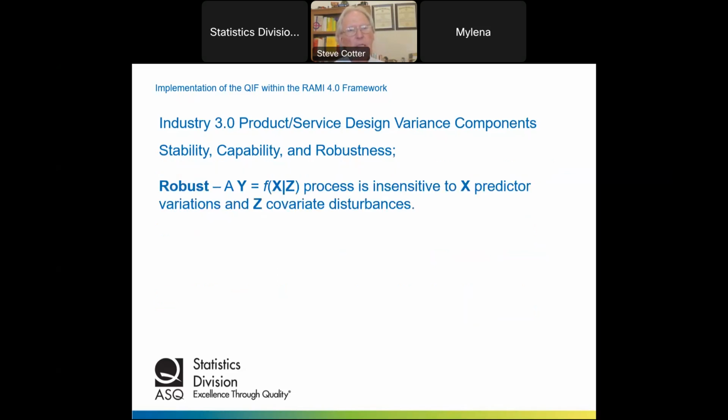Robustness: a y equals f of x, now I'm including the given Z parents, unmapped or uncontrolled parents, and covariates. The process is insensitive to x predictor variation and z covariate disturbances. This is getting back to Taguchi's idea of mean versus signal to noise.